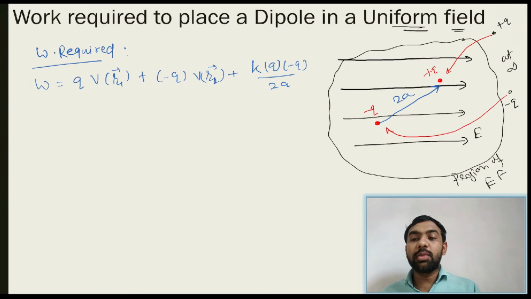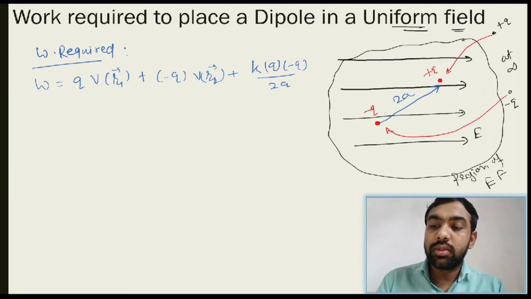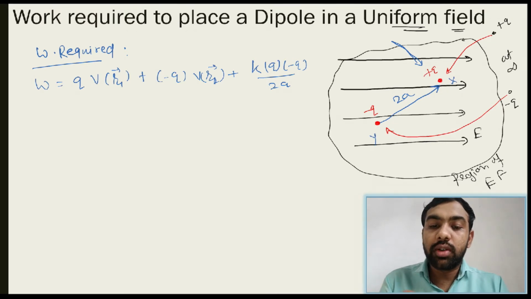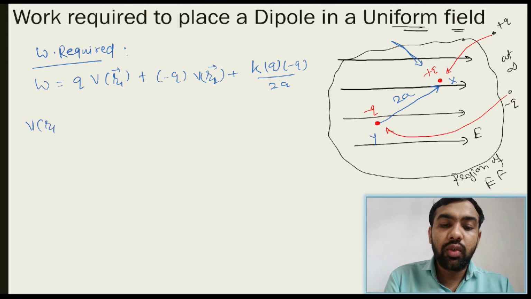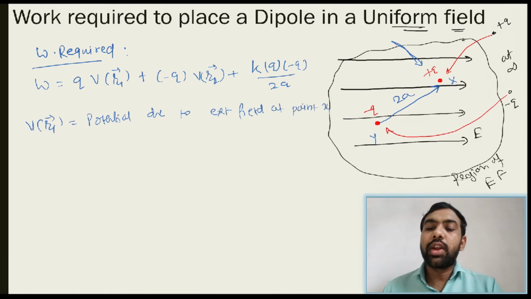Here V of r1 means what? The potential of this point. Let's give some names to both points: x and y. So V of r1 means the potential due to the external field at point x.